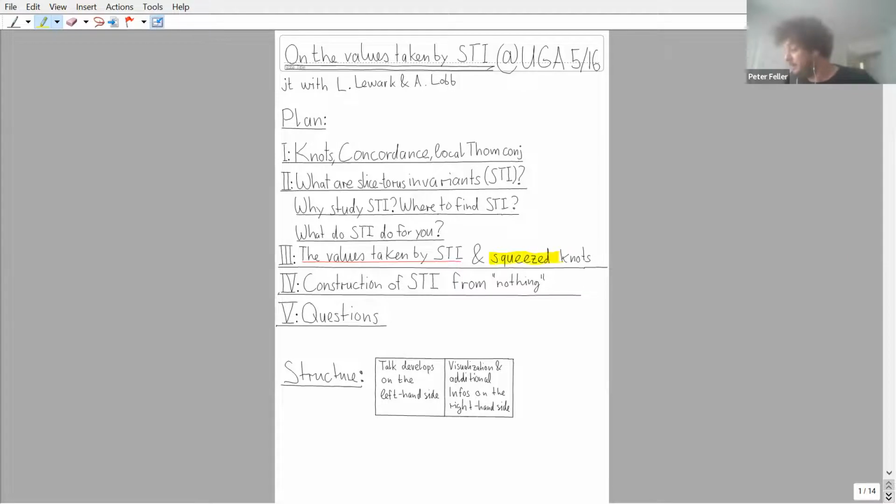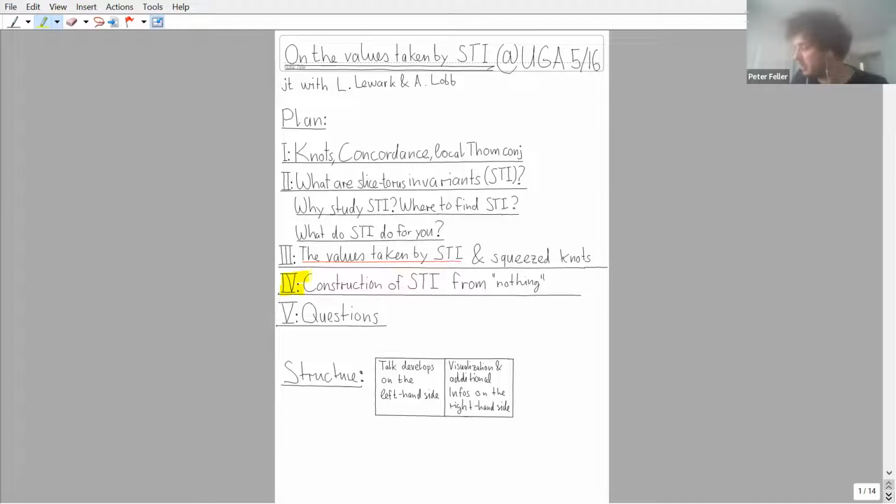Squeeze knots, here they are, and Andrew is going to talk more about them. This talk is completely independent of his, but for a little bit more background on why what I do here could be considered important, I refer to his talk. And then finally, my plan is to tell you a little bit how slice-torus invariants show up in knot homologies, but then there will be a construction and a proof of a result where actually there's no knot homology.